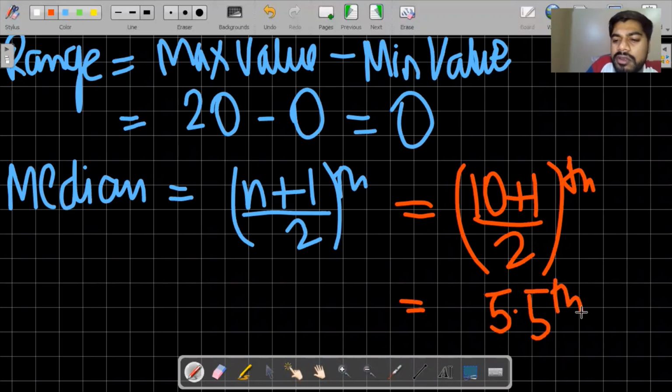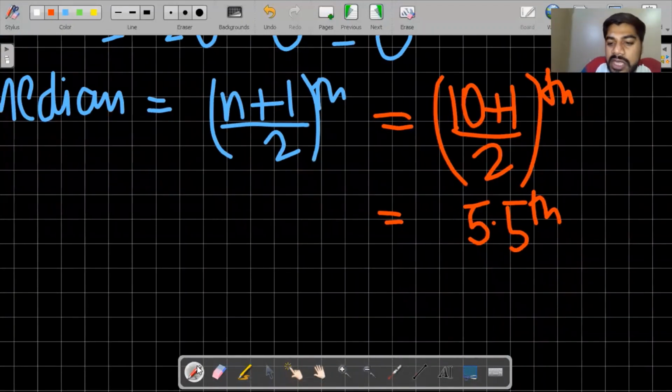Now you guys will be wondering what this 5.5 means. Do we have a 5.5th term? We have a fifth term or sixth term or seventh term, but there is no term like 5.5. So whenever you get the answer in decimal, the whole number before 5.5 is 5, and the whole number greater than 5.5 is 6.